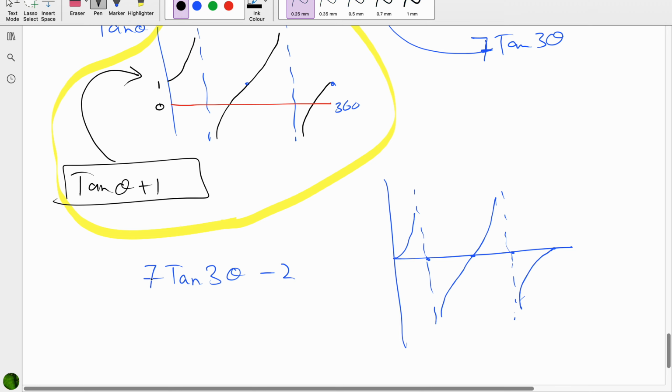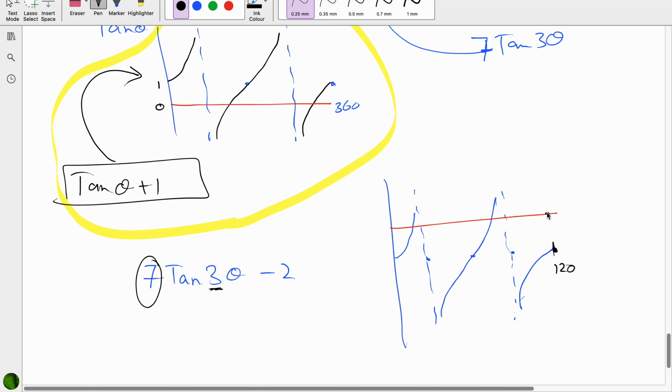Now this 7 doesn't matter to me. This 3 means it ends at 120, and this minus 2 means this graph should move 2 units downwards, or I should move the horizontal line 2 units upwards and remove this previous line. But I do need these markings.